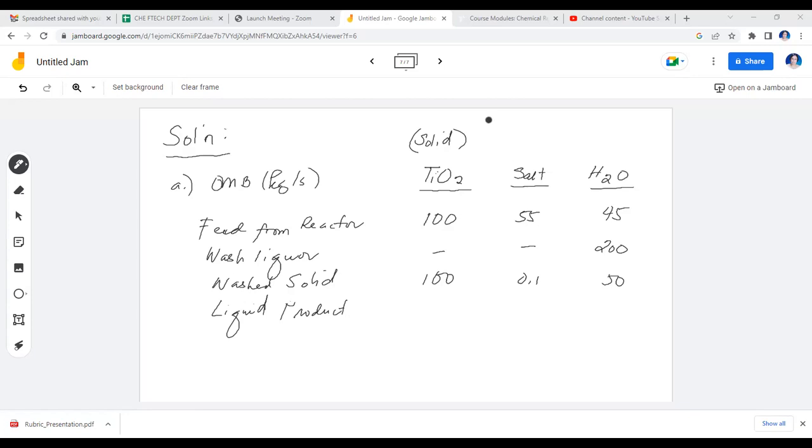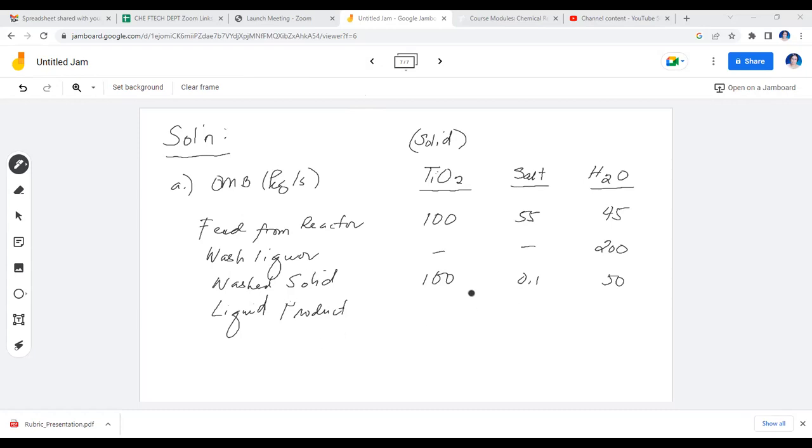The product, the overflow, Miss, of the first thickener. Correct. We say it's the concentrated wash liquor, the concentrated washing liquor. The overflow leaving the first thickener.